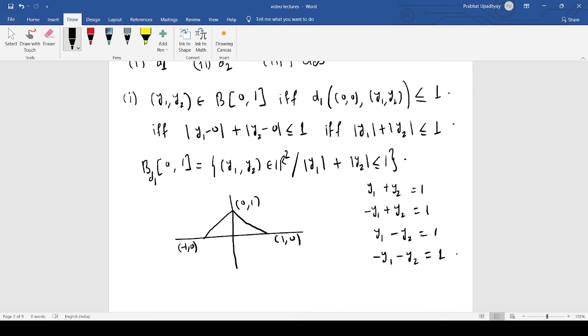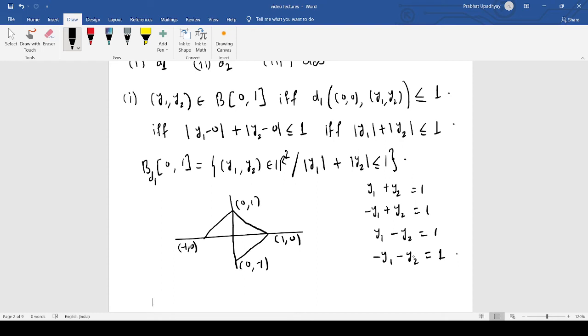Then you have y1 minus y2 equal to 1. If y1 is 0, y2 will be minus 1, and if y2 is 0, y1 will be 1. So it passes through (1, 0) and (0, minus 1).